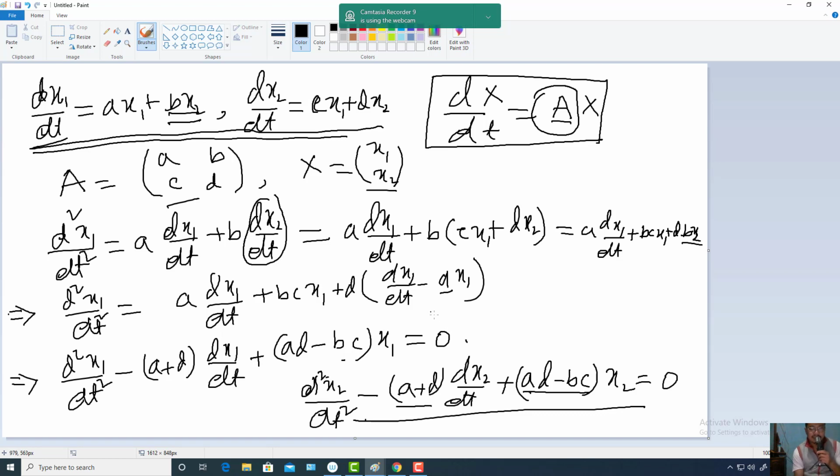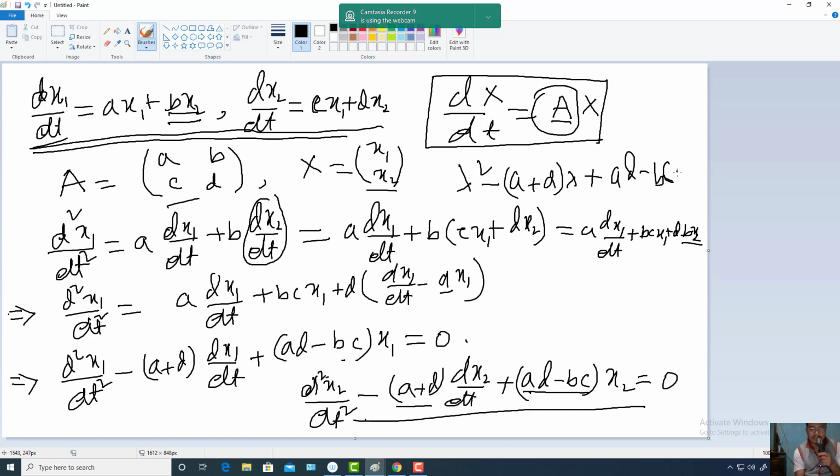So again, what I tell you is that if you find out the characteristic equation of this one, what is the characteristic equation? You can do it. The characteristic equation is lambda square minus (a plus d) lambda plus ad minus bc.